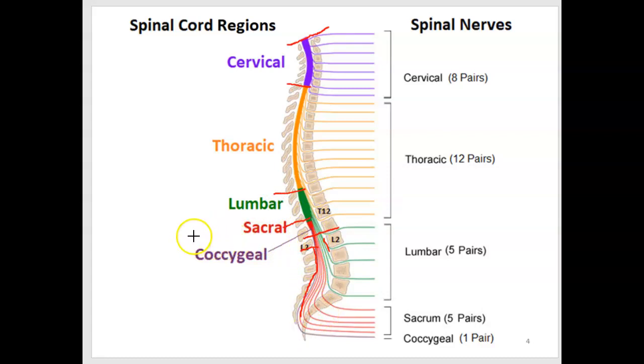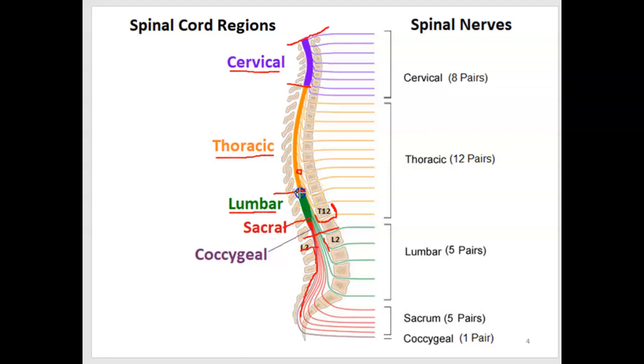The names of these regions correspond to where the nerves that start in the cord leave the vertebral canal.